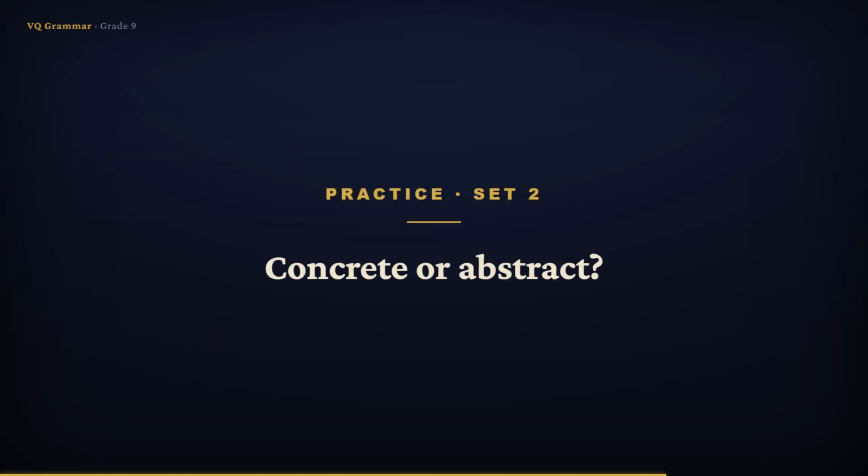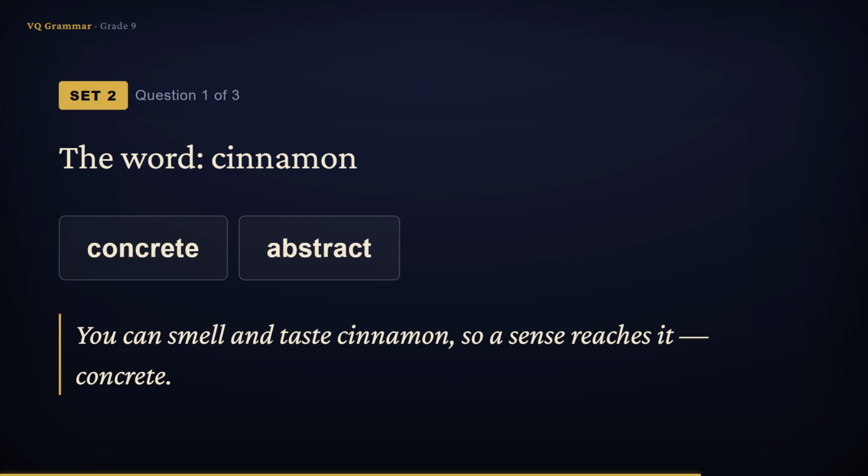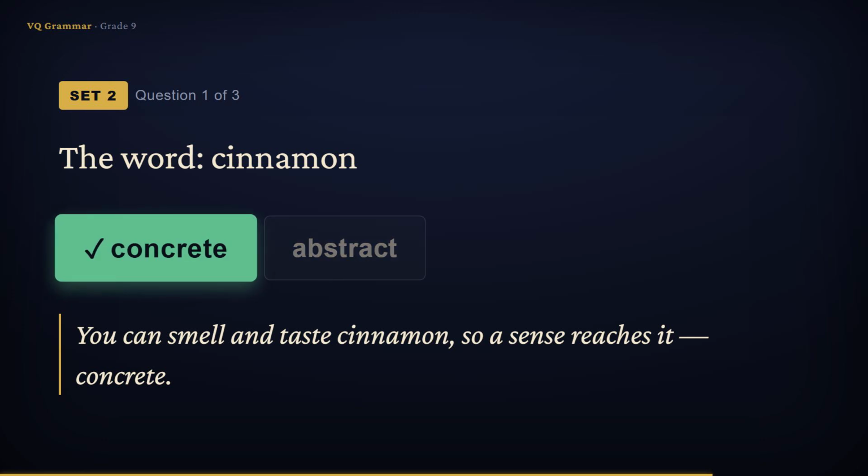The answer is proper. Now for the second scale. For each word, decide whether it's concrete, something a sense can catch, or abstract, an idea you can only think about. Pause and try each before I answer. The word is cinnamon. Can a sense catch it? Absolutely. You can smell it and taste it. So cinnamon is a concrete noun.